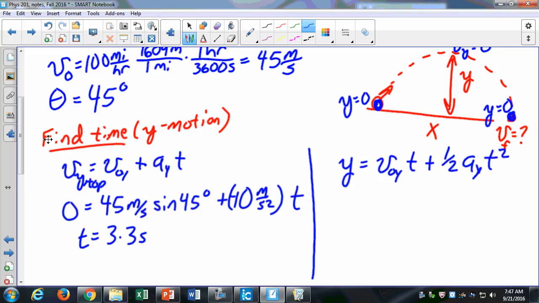And I want to know what is the time here. Now what should I get if I solve for this time? I should get 6.6 seconds, because I know up here it's 3.3 seconds. So I should get 6.6 seconds. Actually, let me double check this number. 45 sine of 45 divided by 10. Oh, I'm sorry, this is actually 3.2 seconds.